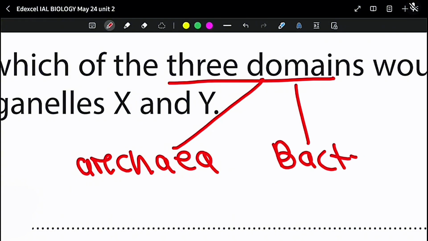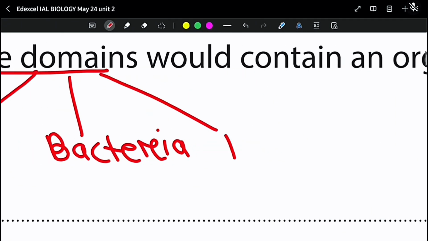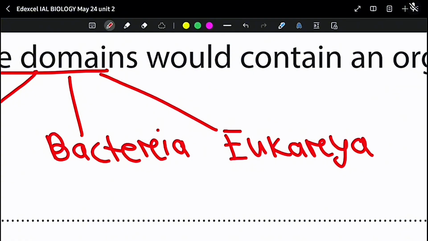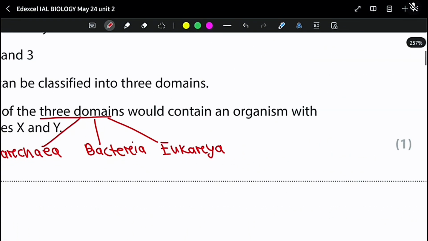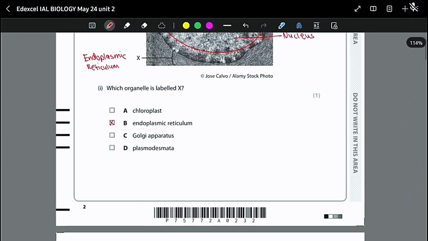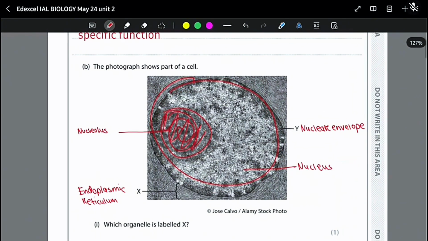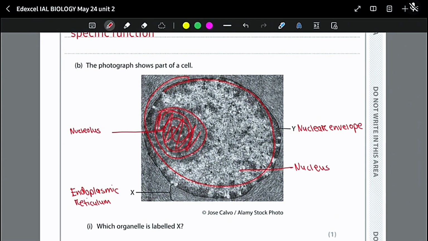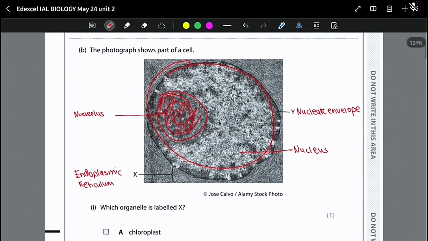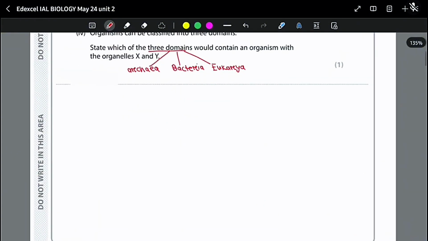The organelles X and Y, which are the nuclear envelope Y and endoplasmic reticulum X, both have to be part of eukarya. So the answer should be eukarya.